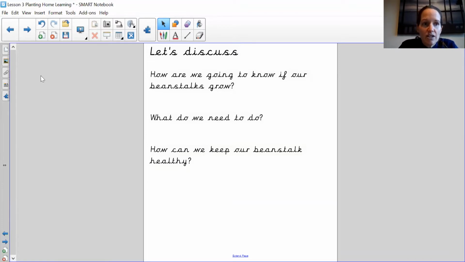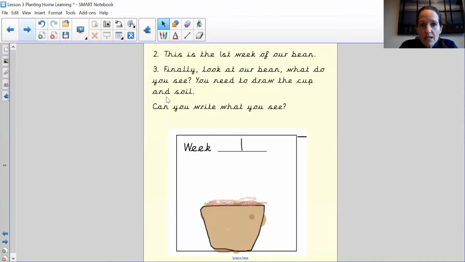So let's have a look at what I want you to do. This is our first week of our bean that we have planted. So finally, let's have a look at our bean. Now, what I want you to do is draw what we have so far. All we have so far is a planting pot, and all you can see is soil.